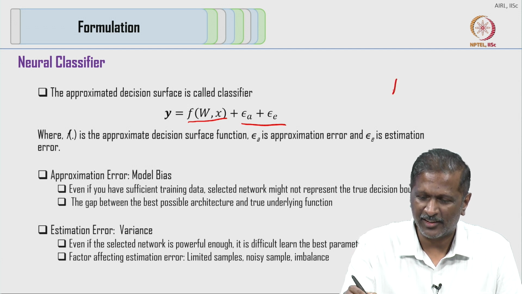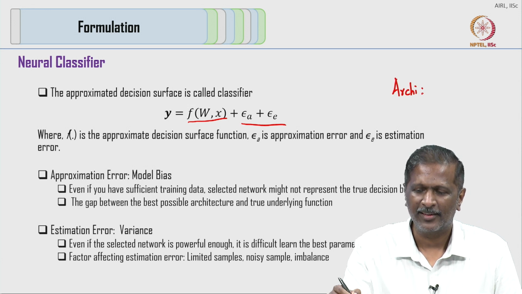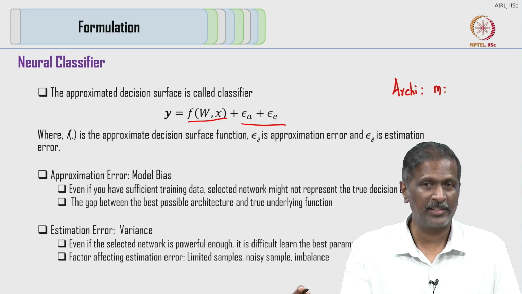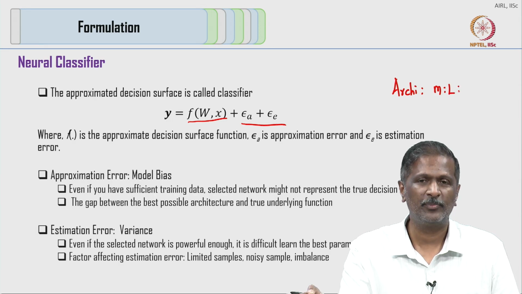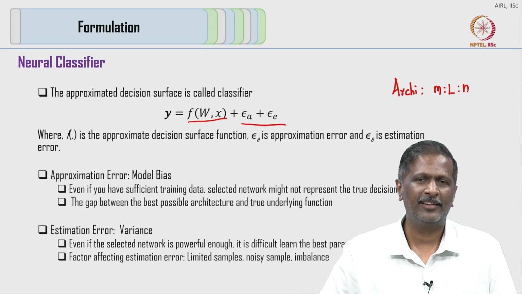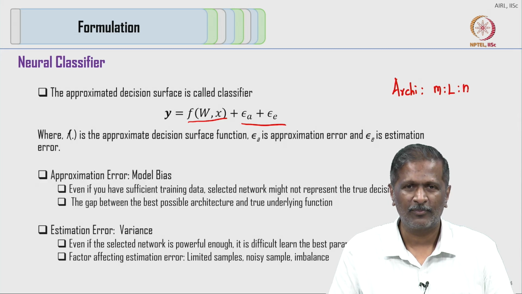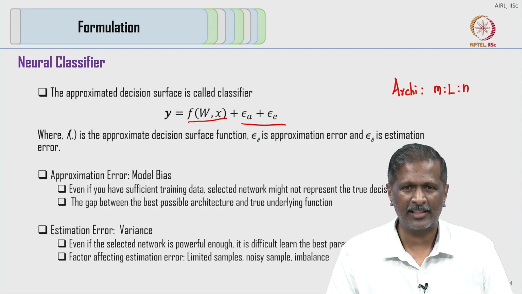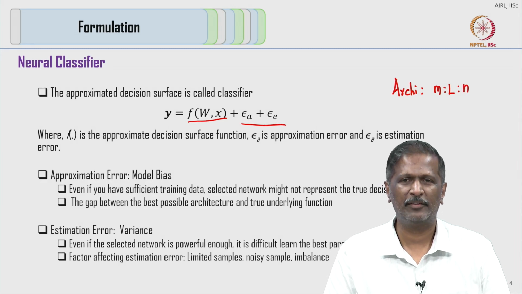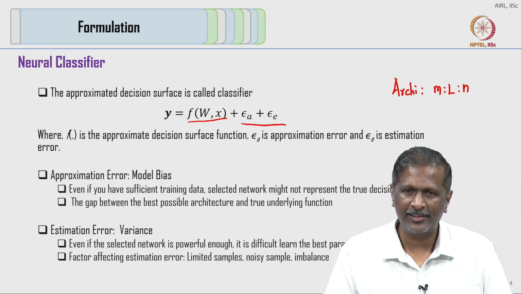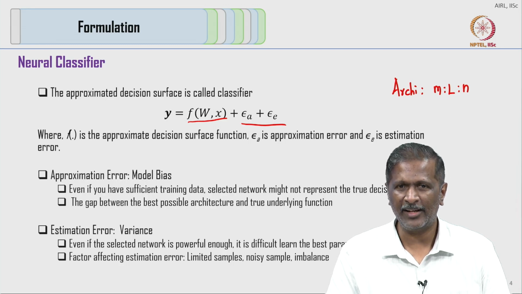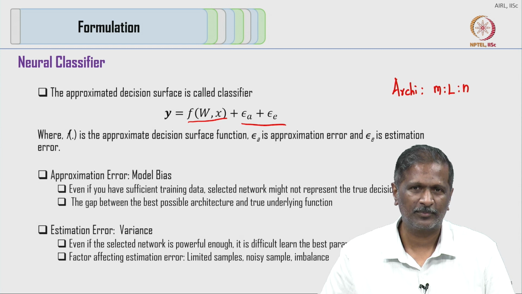If I have to represent the architecture, the number of input neurons is M, there is a single hidden layer with L hidden neurons, and N output neurons. In the previous lecture we talked about what happens for a different activation function and for different initial conditions. Now this is my architecture.